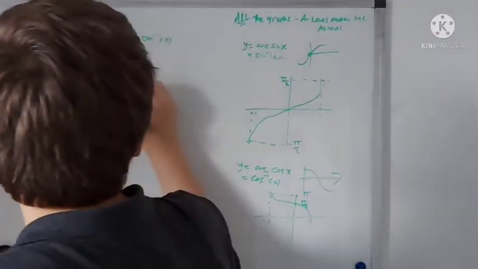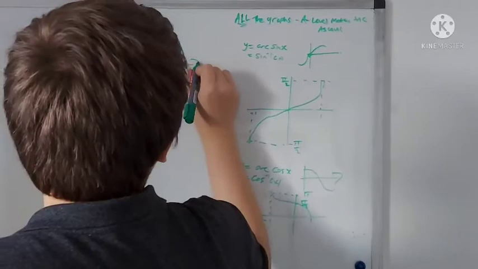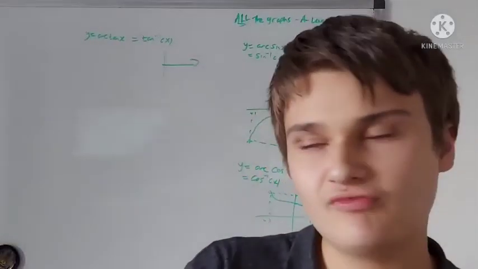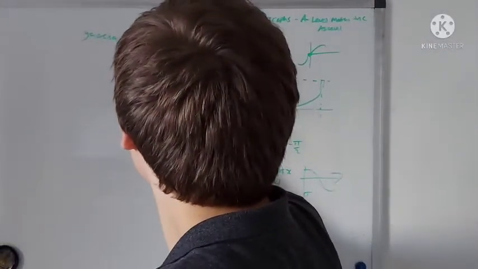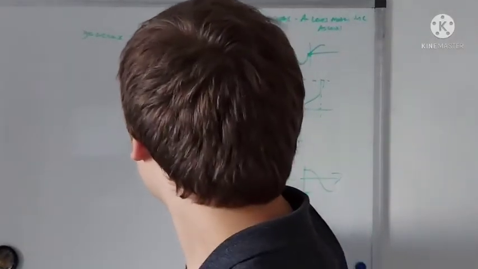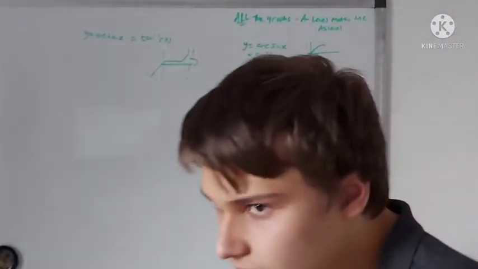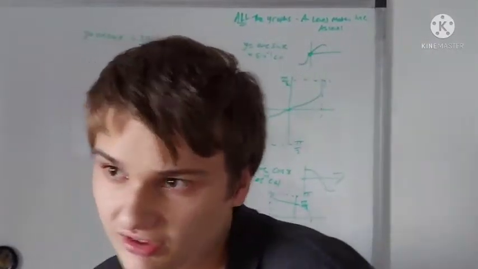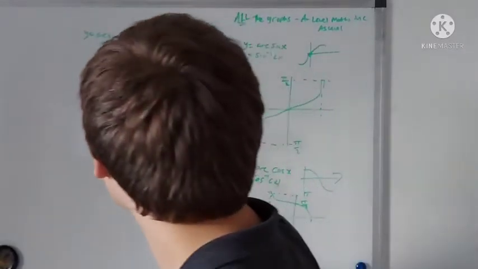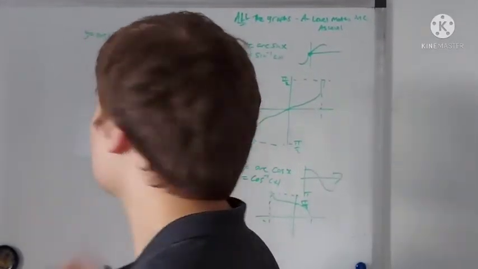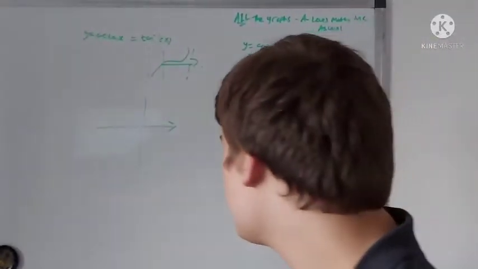Arc tan, well, let's draw a little sketch of tan. Always nice to see tan first. Asymptotes, of course. So arc tan of x, again, draw your axes. Draw my double axes in.